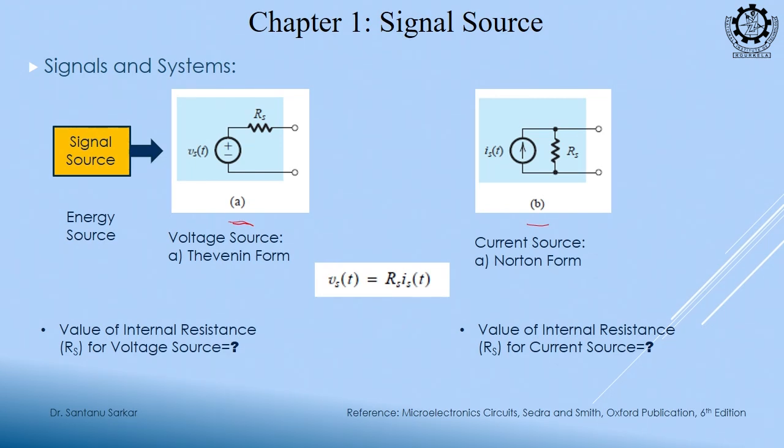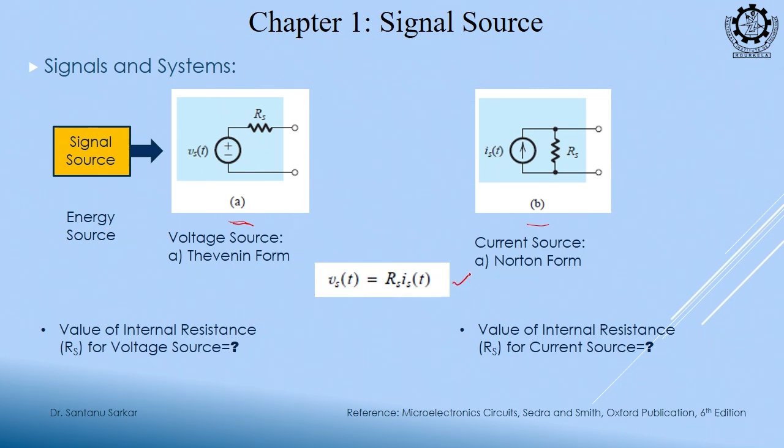These two terms you already know. Now, this voltage source Vst and its Norton equivalent, if they are equivalent, then this equation is satisfied: Vst is equal to Rs Ist.